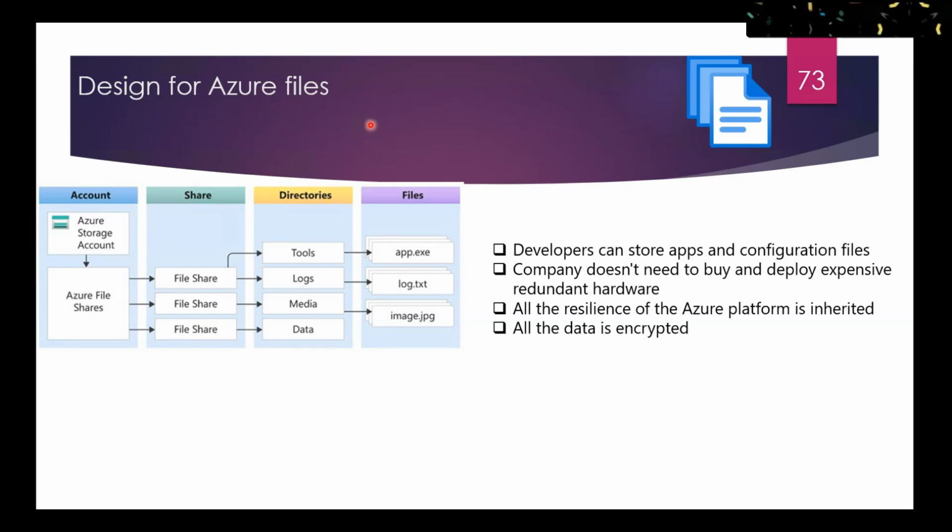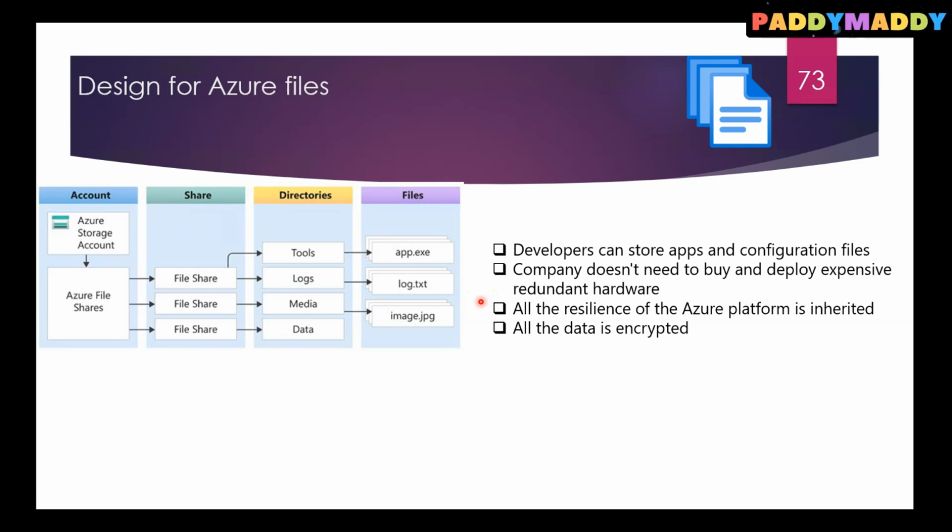At the same time, it's completely hardware redundant, and you need not worry about software updates. Everything will be taken care of by the Microsoft Azure cloud. These shares also work across different platforms, such as Windows, Linux or macOS, as we talked about. That's a great opportunity for us.